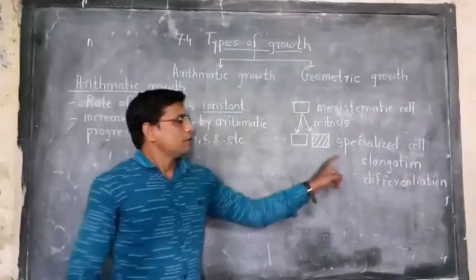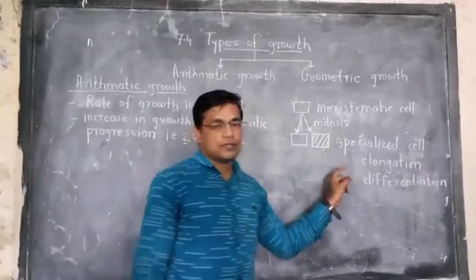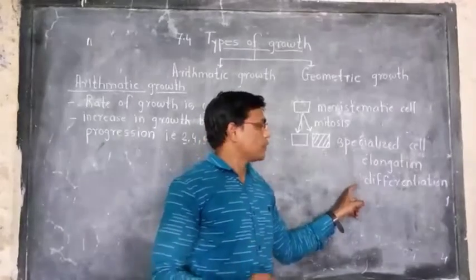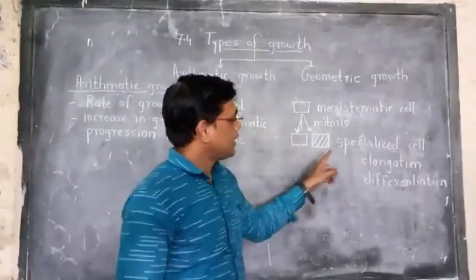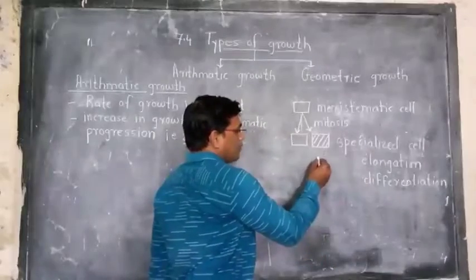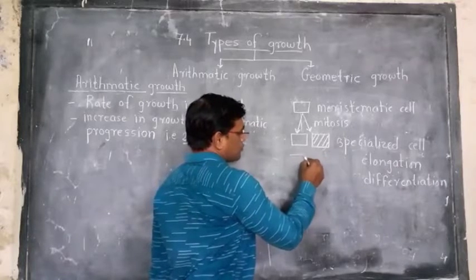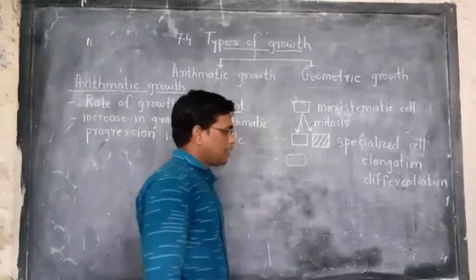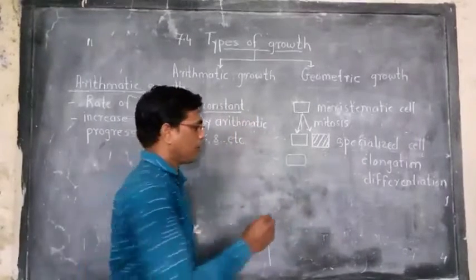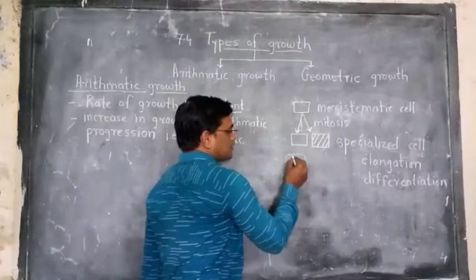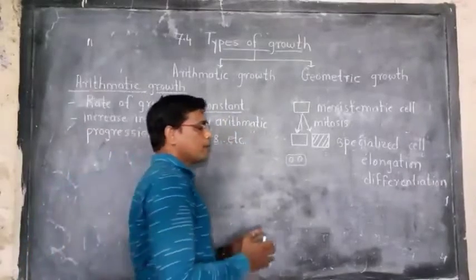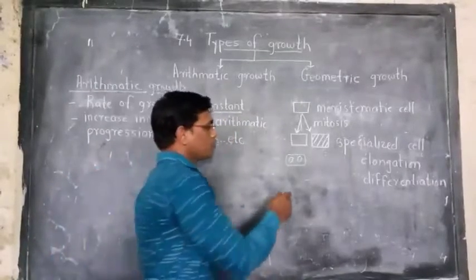In our previous part we studied the elongation phase and the differentiation phase. In the elongation phase, the cell absorbs more and more water and becomes turgid. Suppose this is a cell; in the elongation phase it has vacuoles, and these vacuoles absorb and store more and more water and grow in size.